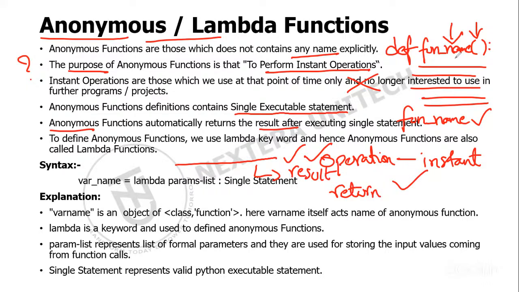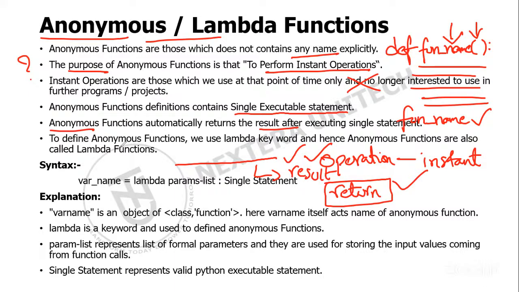If you take a normal function, if you want the result to be returned, we use a keyword called return. But with lambda functions or anonymous functions, we need not use this keyword called return. They return the result just after executing this statement.